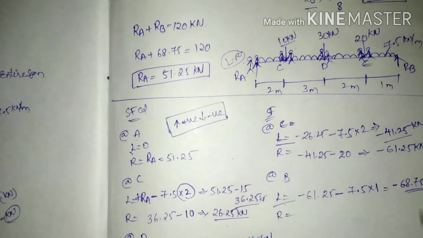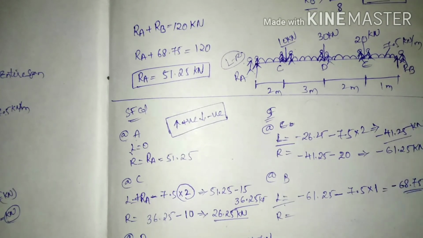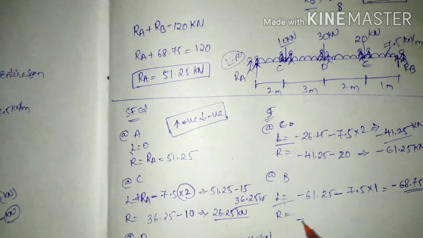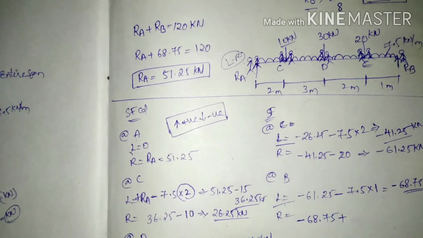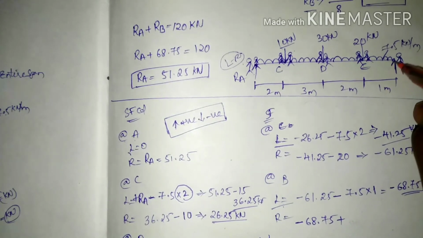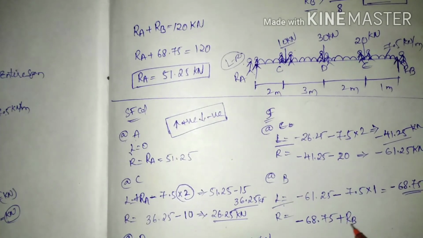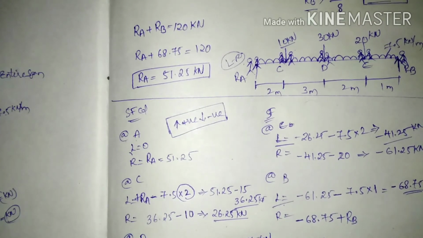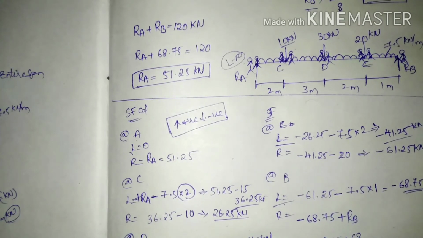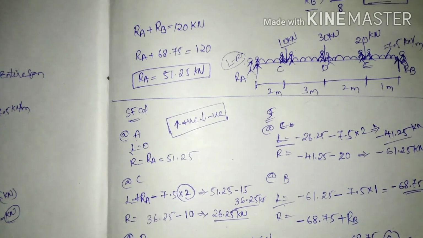Then for the right of the B we are having an upward reaction RB that is going to act on this beam, so minus 68.75 plus RB, the value of RB is 68.75. This is going to be 0 on the reference line.